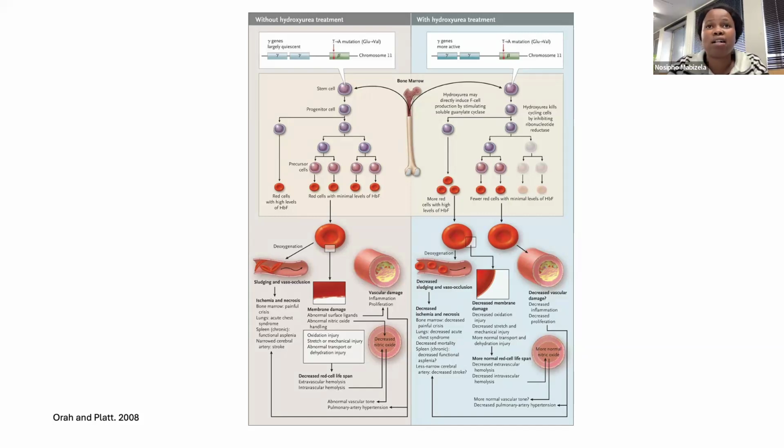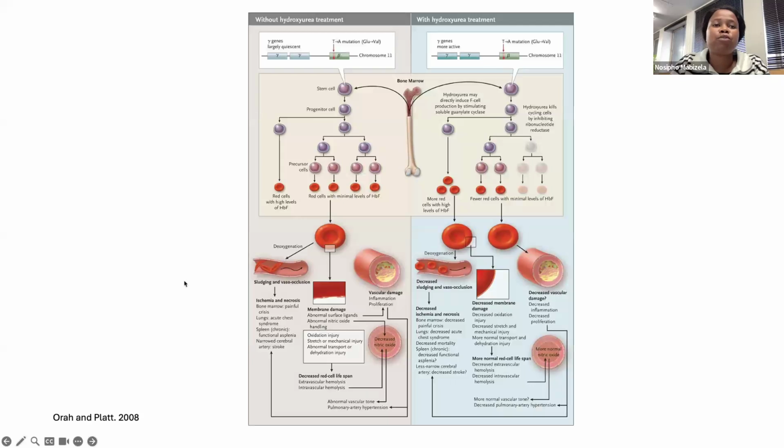And hydroxyurea works in a way that it compensates the level of fetal hemoglobin. So in block 2, you see that hydroxyurea kills some of the cycling cells. That means there will be fewer red blood cells with the minimum level of fetal hemoglobin, and an increase in the ones that have a high level of fetal hemoglobin.